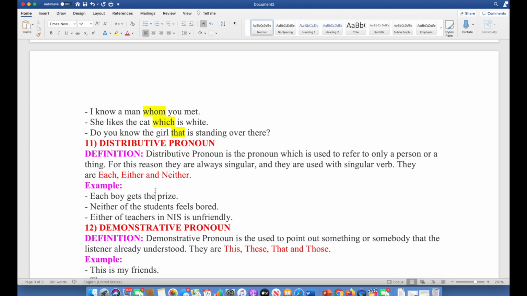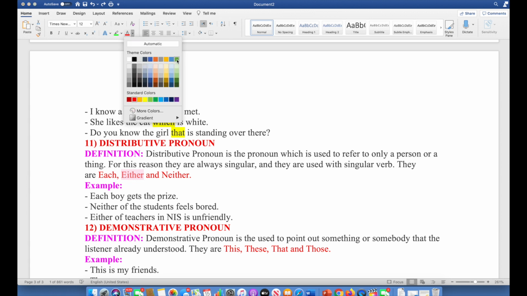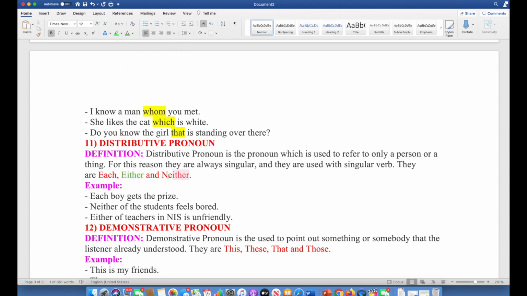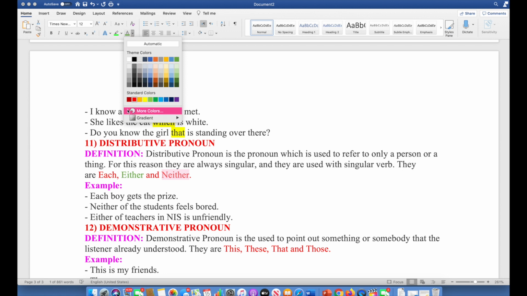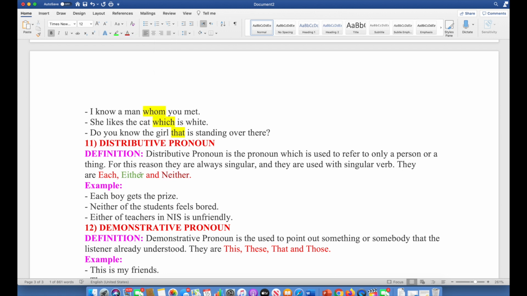They refer to a person or a thing. Either and neither are kind of the opposite. One is positive. Put that one in green. And one is negative, which is already in red, but we're going to make it a darker red.